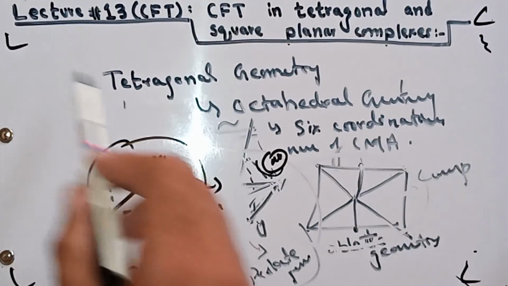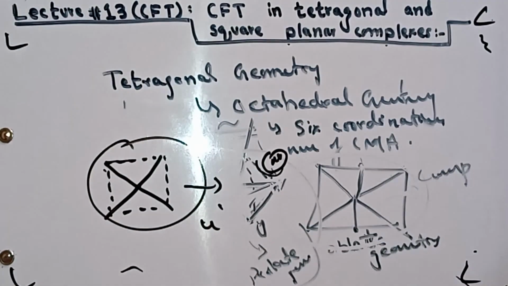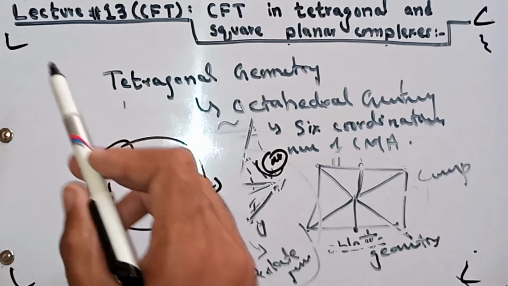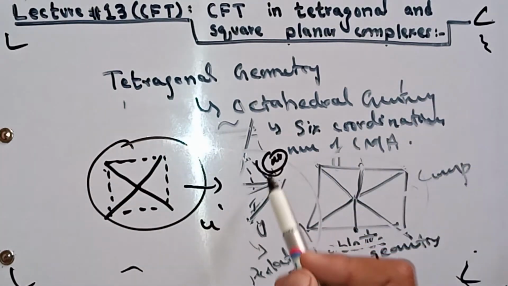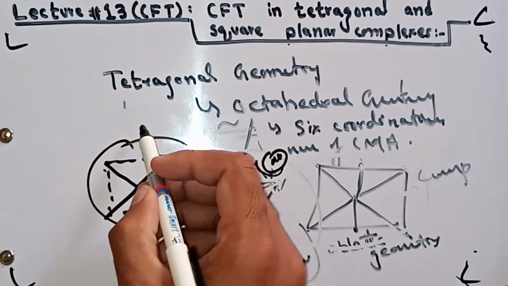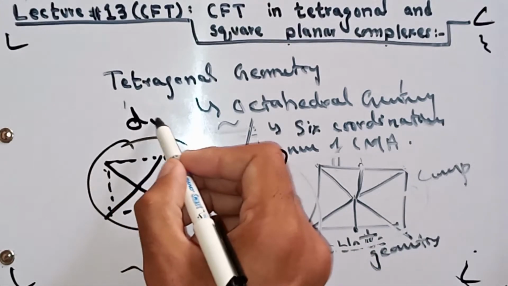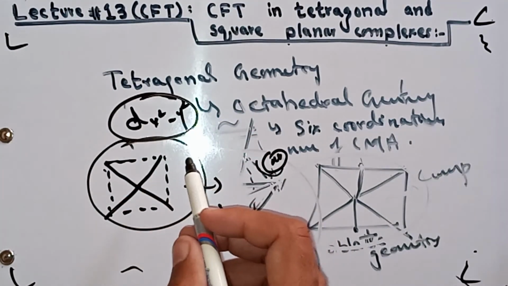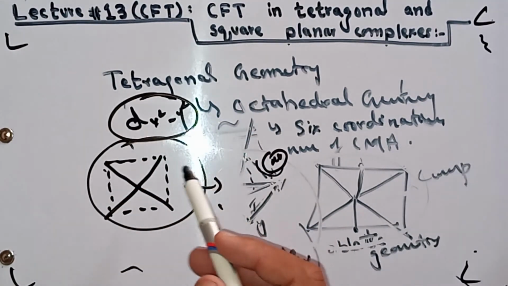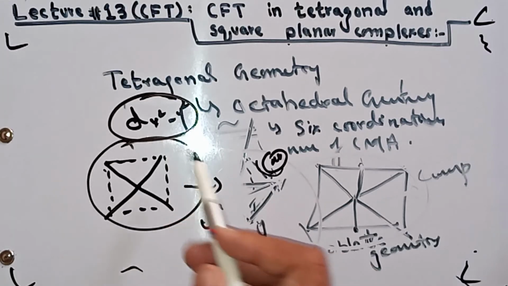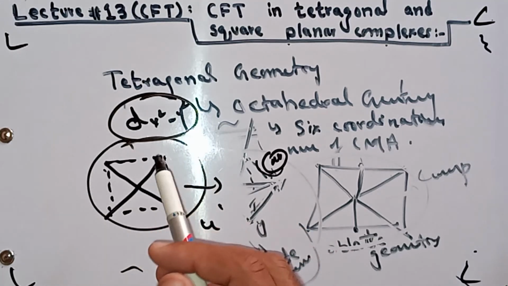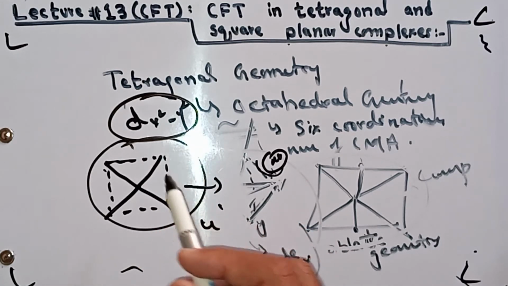So this will form a square planar complex when one ligand approaches from this direction, one ligand approaches from this direction, one from this direction, and one from this direction. It also means that all the ligands are approaching only the dx square minus y square orbital of the central metal atom, the orbital whose lobes lie in the xy plane.